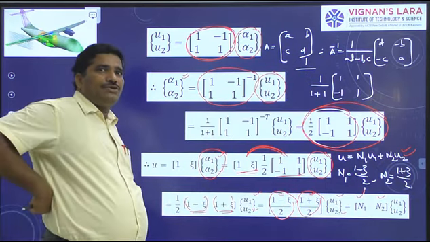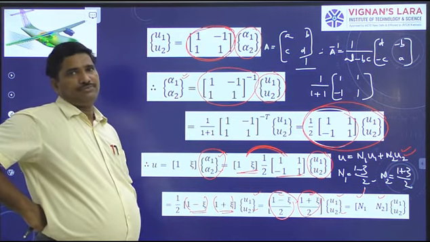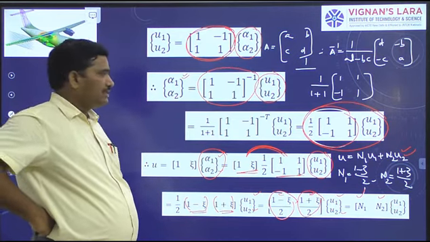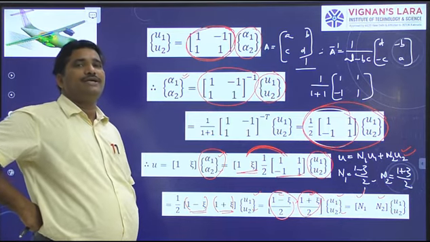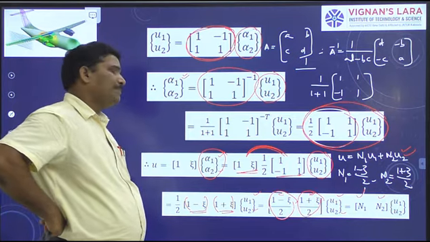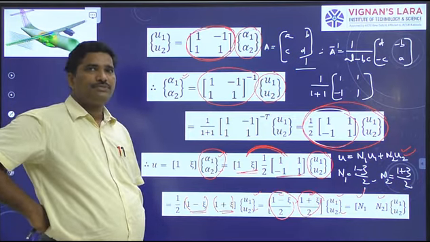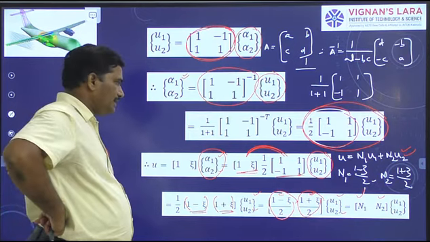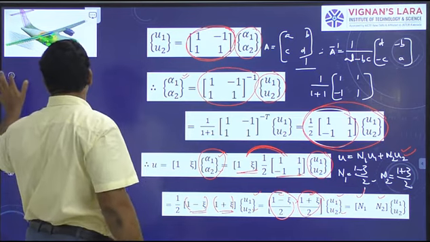What are n1 and n2? They are the shape functions. The shape functions n1 and n2 are defined in terms of the natural coordinate j. They represent linear polynomials. Now you see how they vary with respect to length of the element.